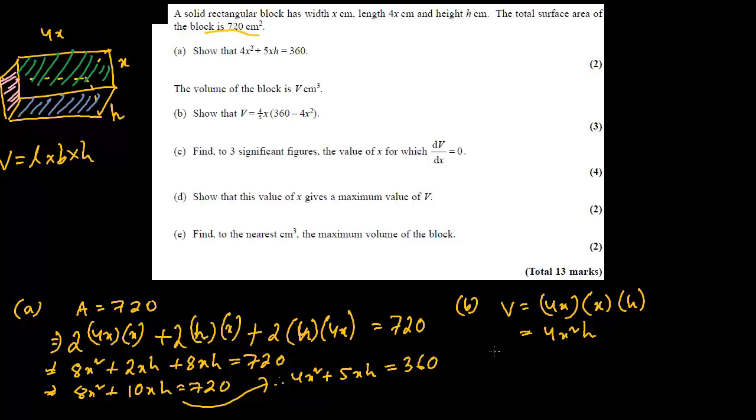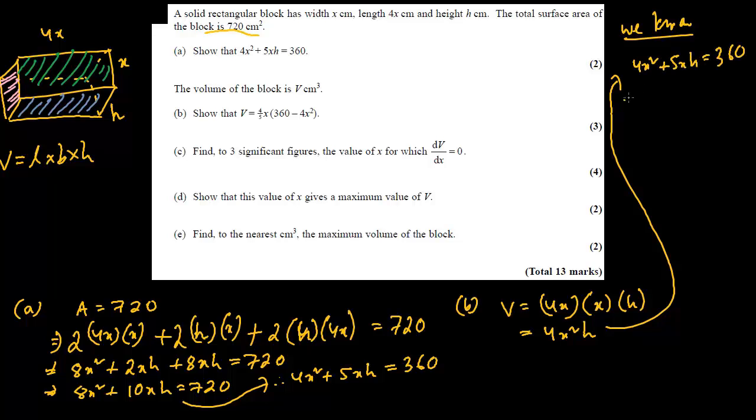So what we can do here is, let me write it out here. We know 4x squared plus 5xh equals to 360. So we know 5xh is 360 minus 4x squared. Therefore, h equals to 360 minus 4x squared divided by 5x. So we can get that expression.